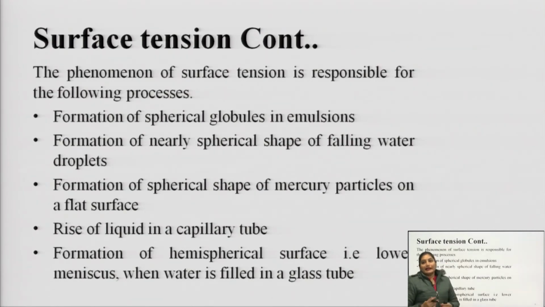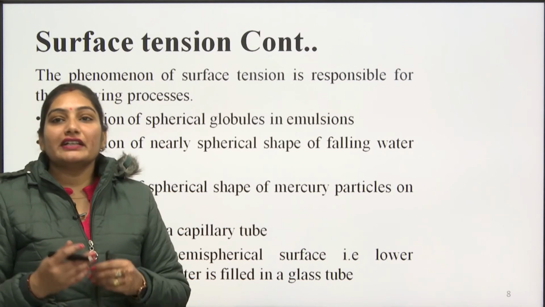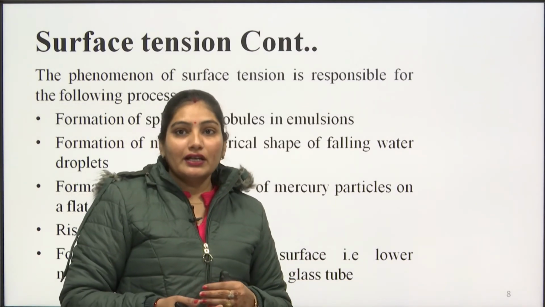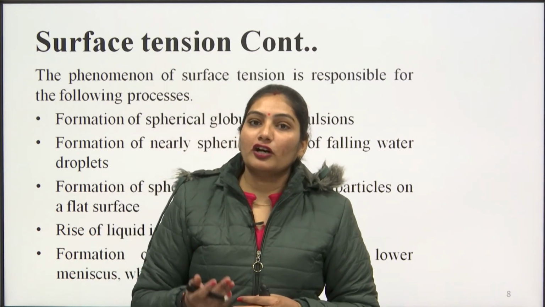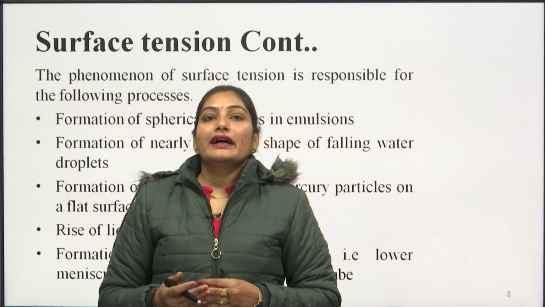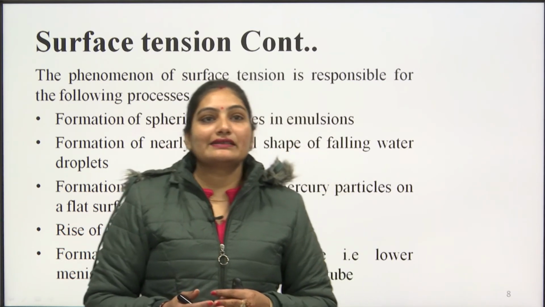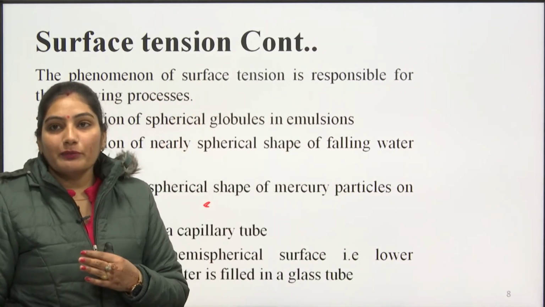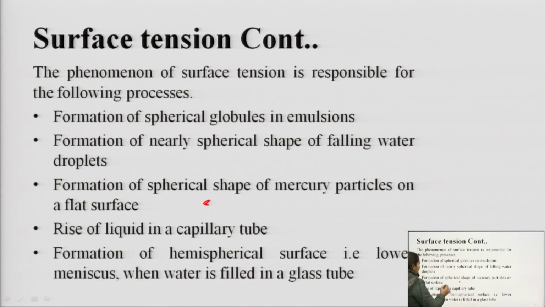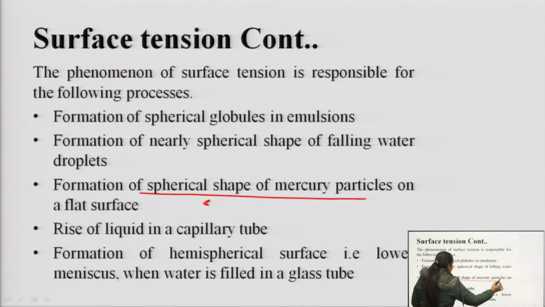Okay. And as I have told you previously, this is the phenomenon that is responsible for the formation of spherical globules in the emulsion. This is responsible for the spherical shape of falling water droplets, and this is the phenomenon that is responsible for the formation of spherical shape of mercury particles on a flat surface.